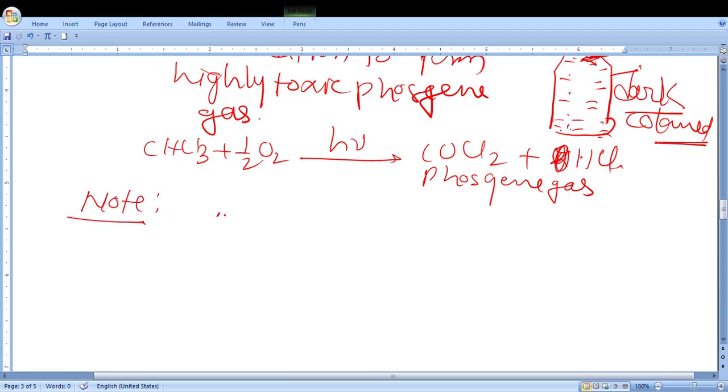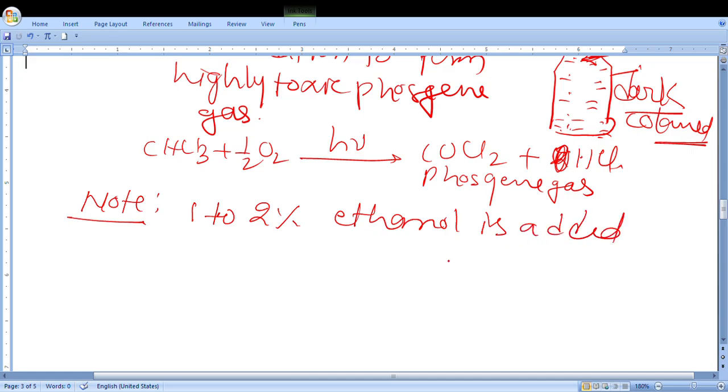Now, one more thing is added. Ethanol or ethyl alcohol, 1 to 2% ethanol is added. Why add ethanol?